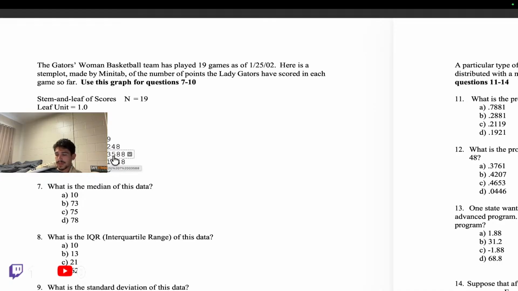We do 10 divided by 2. It's 5, so they have to be 5 away, which means 3 at the end, 4, 5.